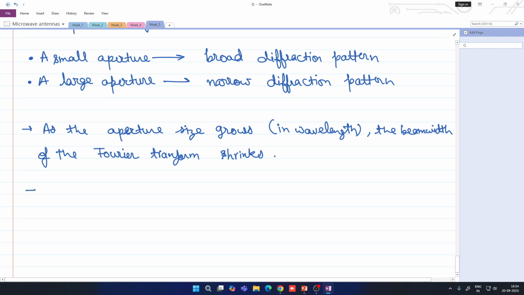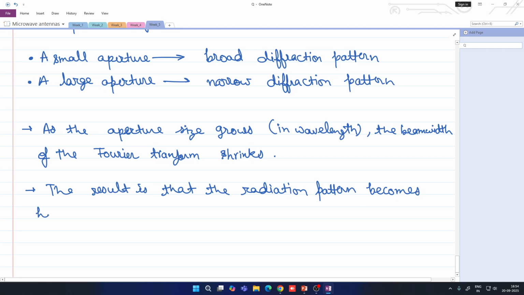And the result is that the radiation pattern becomes highly peaked in the forward direction.